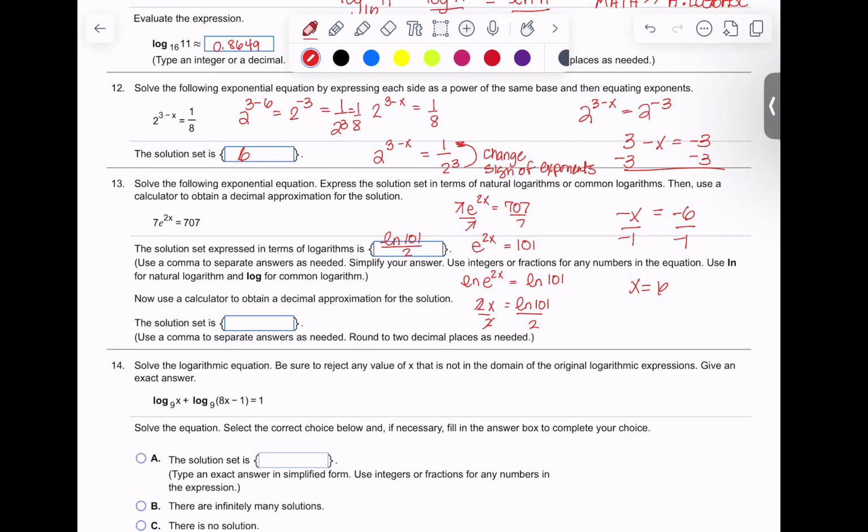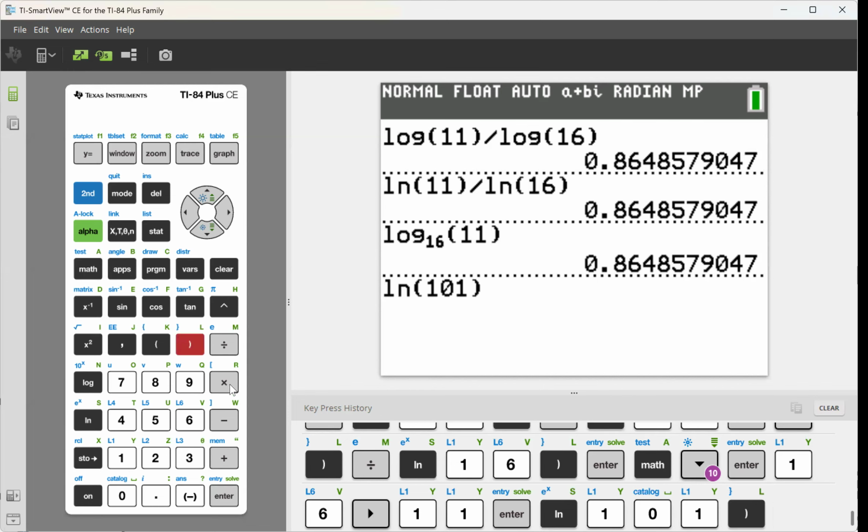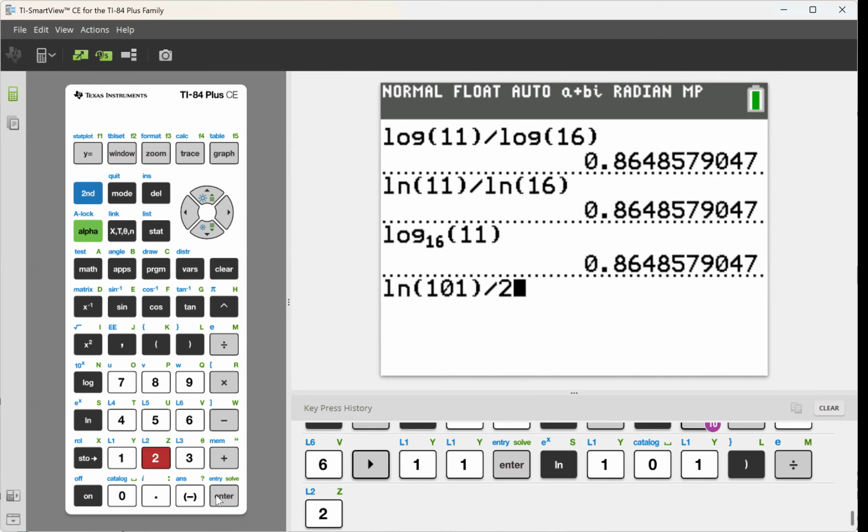Now I need to go get a decimal approximation. How many decimals do they want me to approximate? 2 decimal places. So I'm going to go to my calculator. I'm going to take the natural log of 101, close those parentheses, and divide that by 2.